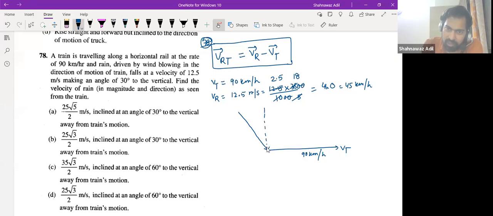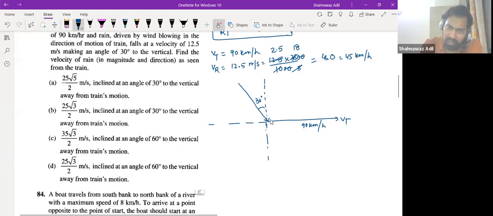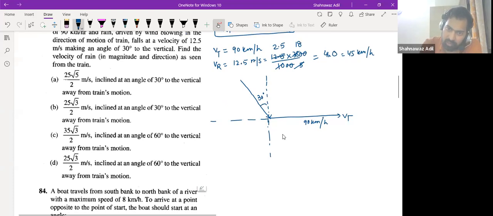And it is making an angle of 30 degrees with the vertical. So this is the velocity of the rain, right? If I draw it in a proper way, this is the velocity of the rain with 45 kilometers per hour. Okay.